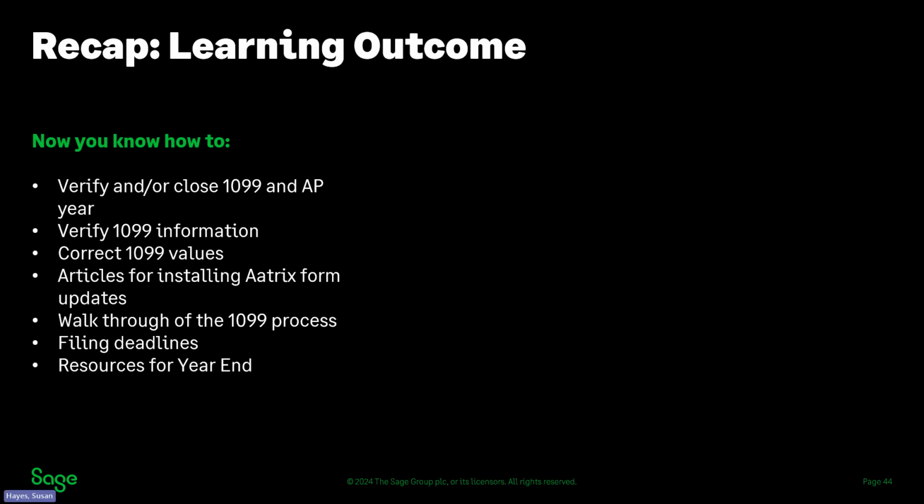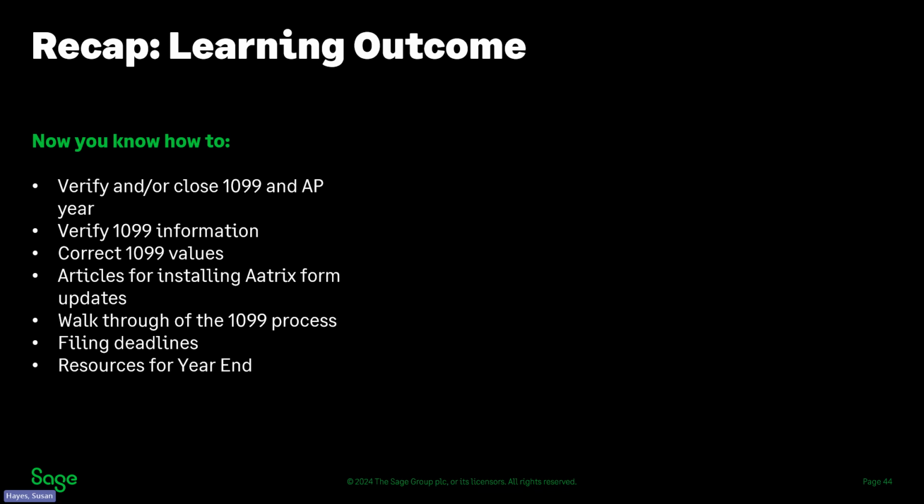So we've covered how to verify and or close the 1099 in the AP year, how to verify your 1099 information using the 1099 prep report, the 2 ways to correct your 1099 totals, either through recalculate 1099s or manually updating specific vendors.